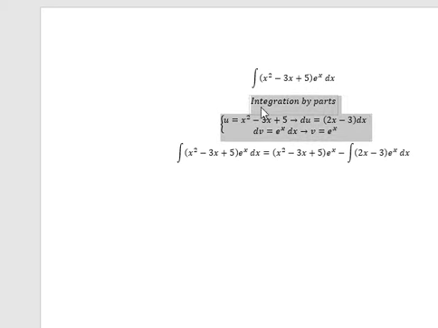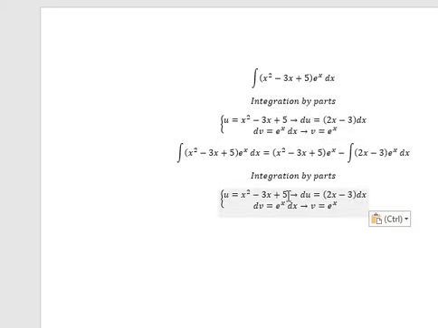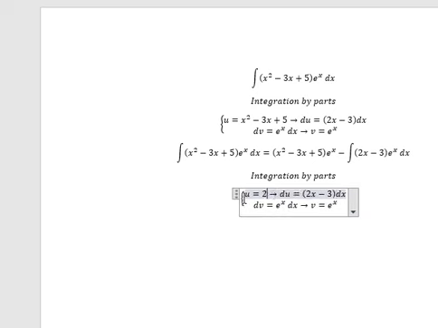Now we continue using integration by parts again. Now that should be 2x minus 3. If we do the first derivative, you got number 2.